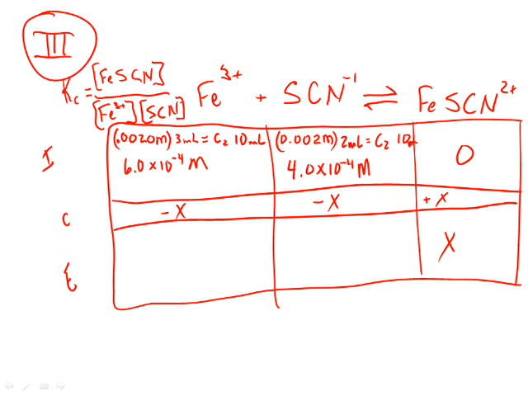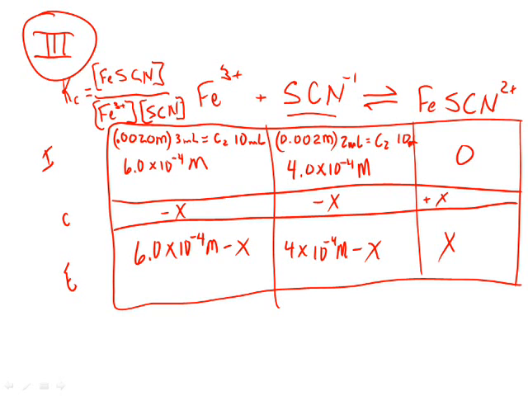Now, to find the concentration of the thiocyanate ion, in this particular experiment you'll be doing 4.0 times 10 to the negative 4 molar minus X. And to get the concentration of the iron ion, you'll do 6.0 times 10 to the negative 4 molar minus X. And at that point, you'll have the equilibrium concentrations of everything.